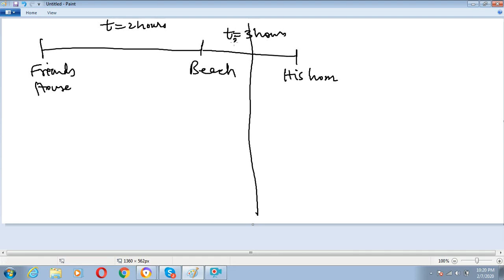T1, T2. The distance between his friend's home and his house is 220.